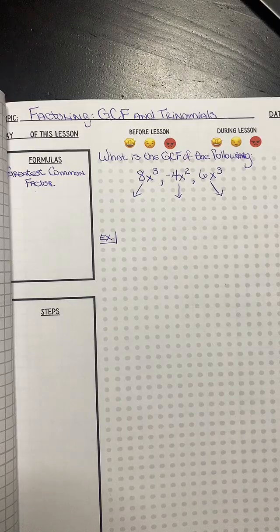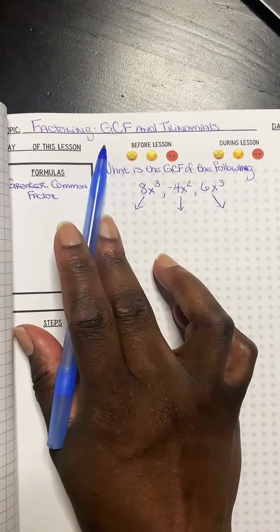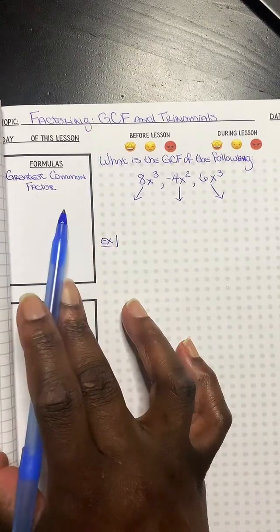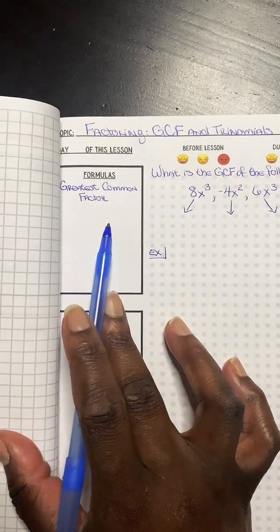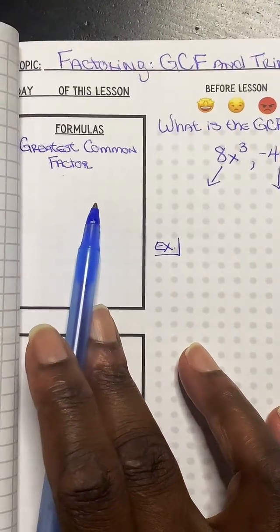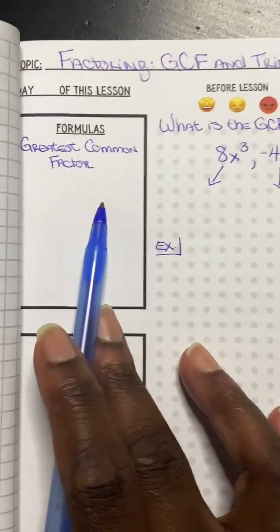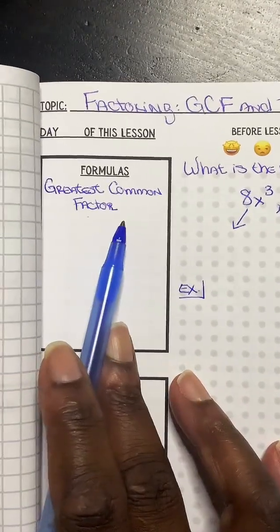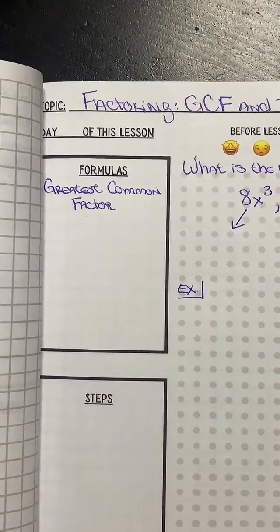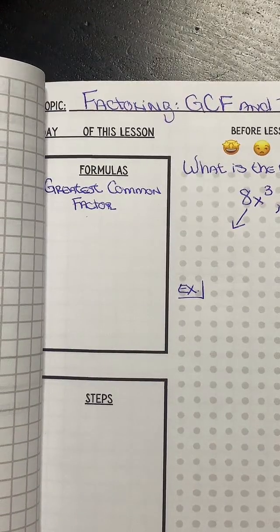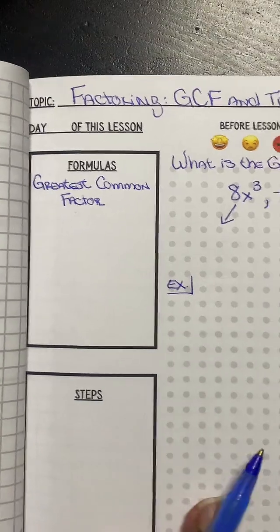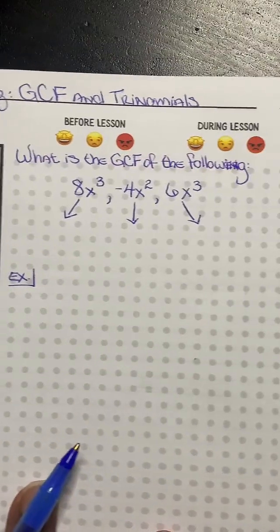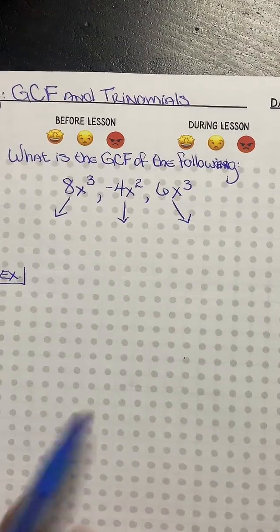Okay, so when we're looking at factoring, a GCF is your greatest common factor. It's not necessarily the largest in value, but it is the largest number that they both have in common. So if I take a look at my first bit, I want to find the GCF here.